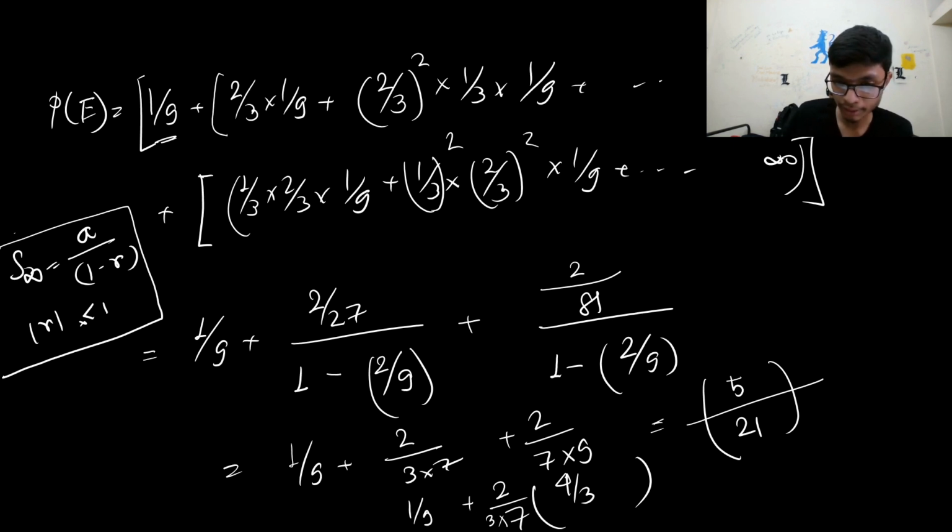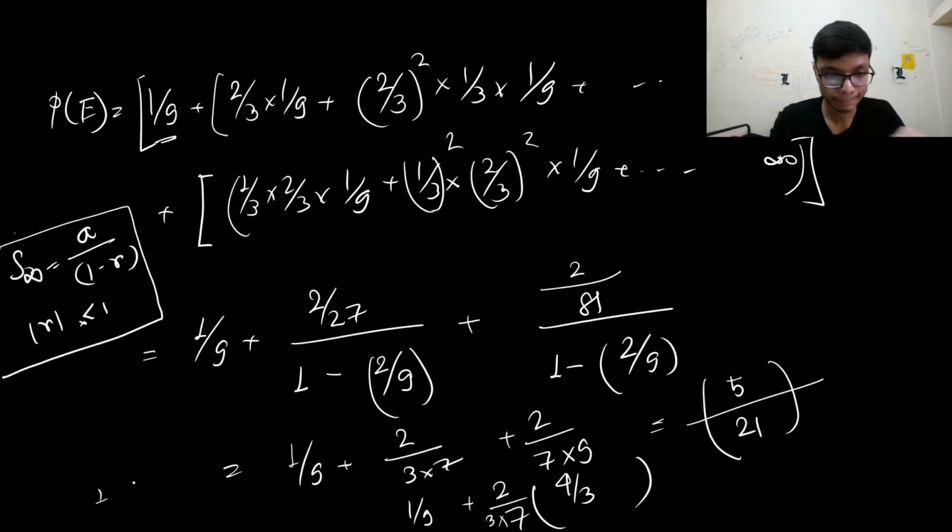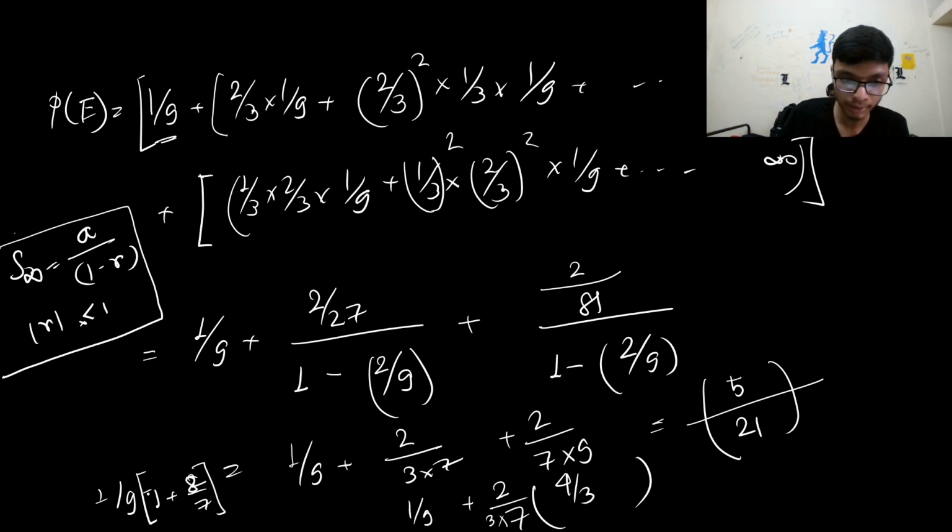From here, if you take 1 by 9 common, you will get 1 plus 8 by 7, and if you take 7 common, this is 15 by 7. So 15 by 7 into 9 will be 5 by 21.